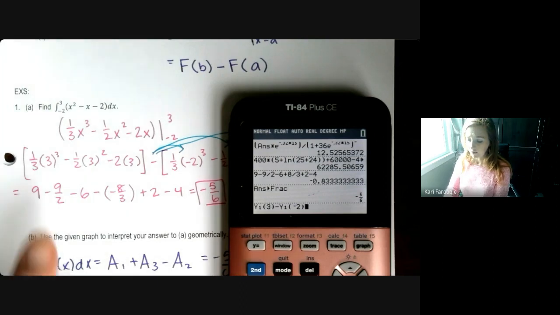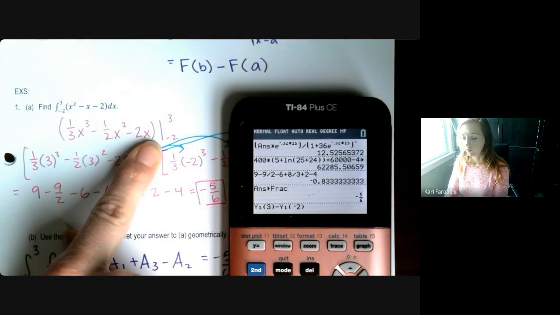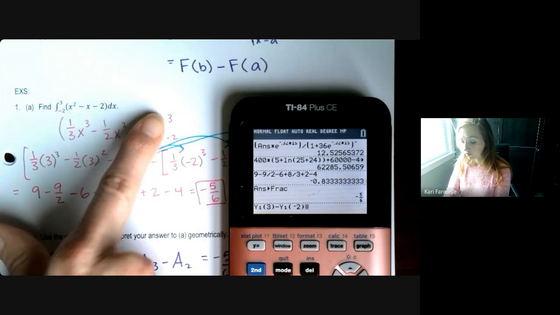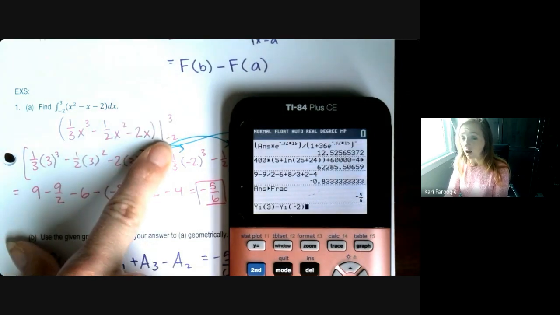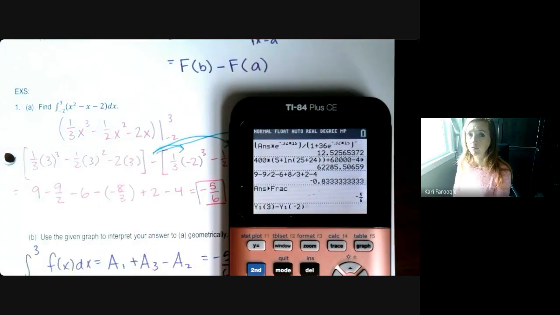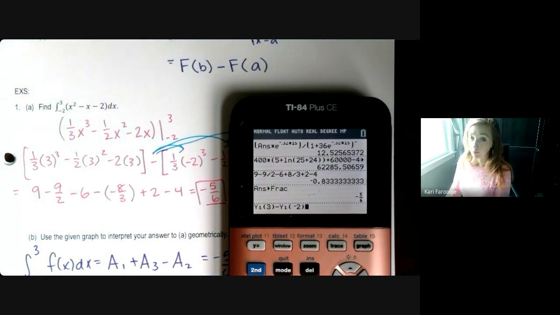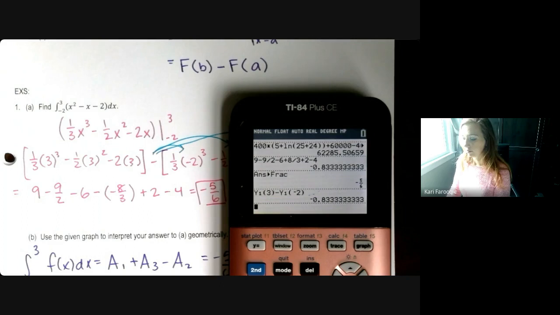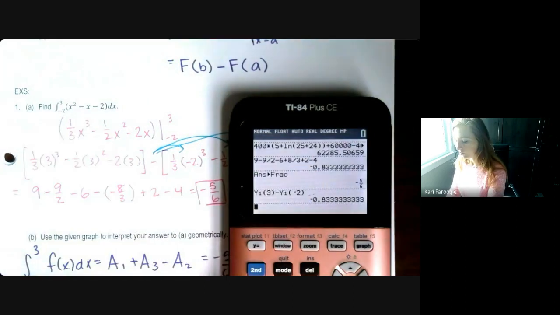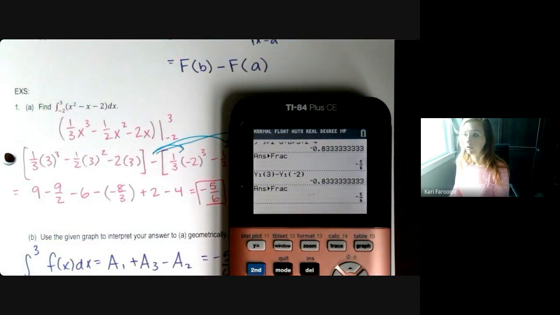So I'm taking my antiderivative, y sub 1, and evaluating it first at 3 and subtracting off the evaluation of the antiderivative at -2. And then I better get -5/6. I do. It's the same decimal approximation, math enter, -5/6.